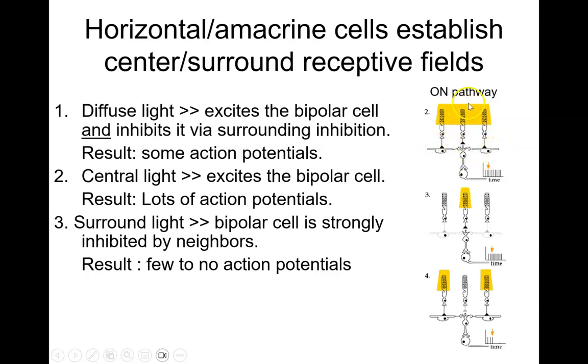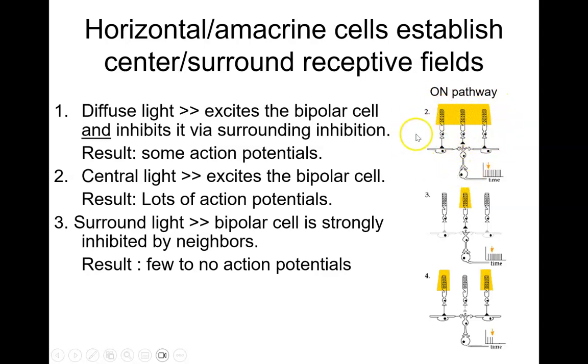Here, we get light shown on the center photoreceptor, and that has the effect of exciting the bipolar cell. But at the same time, the horizontal cells that are connected to the neighboring photoreceptors in the surround are going to get inhibition. And as a result, we're getting excitation from the center photoreceptor, and effectively, thanks to the horizontal cells, we're getting inhibition from the surround.